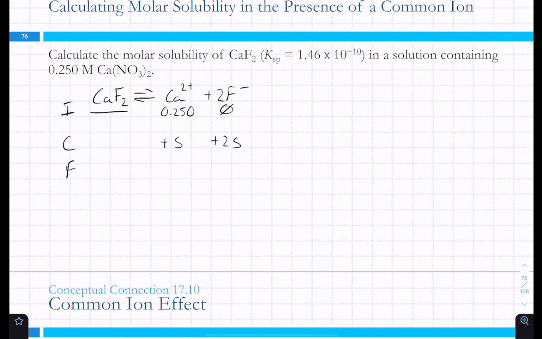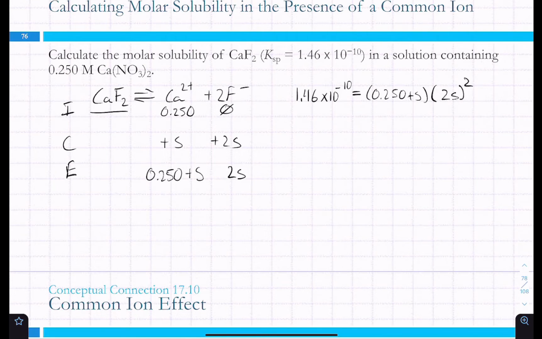And our equilibrium now is 0.25 plus S and 2S. And then we'll write our Ksp, 1.46 times 10 to the negative 10 equals 0.250 plus S times 2S squared.